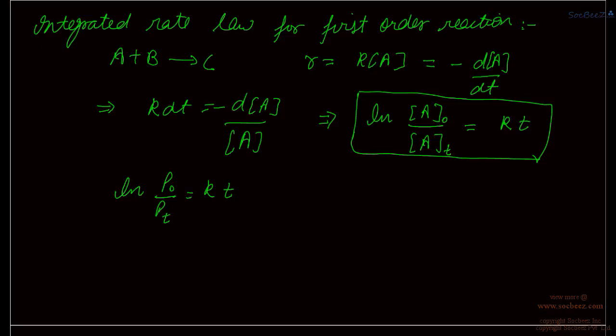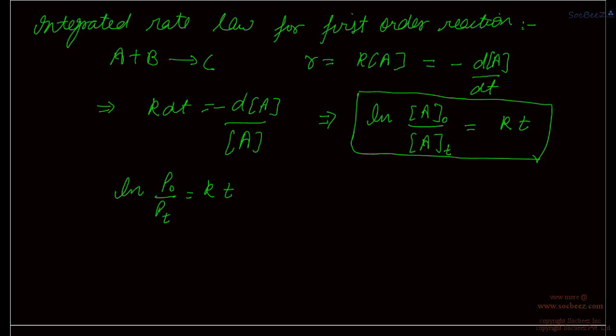Okay, so suppose we have calculated the rate for any particular reaction at T1 and T2, and we have got the value of concentrations as A at T1 and A at T2.